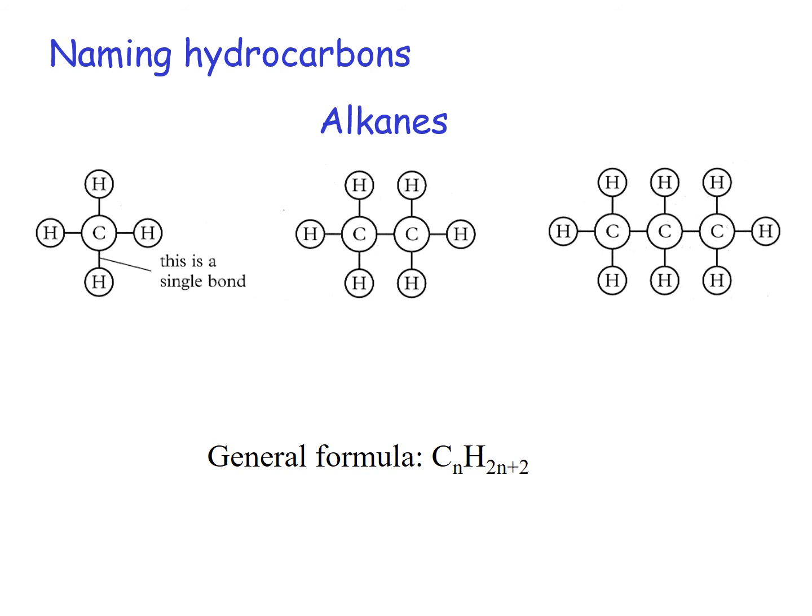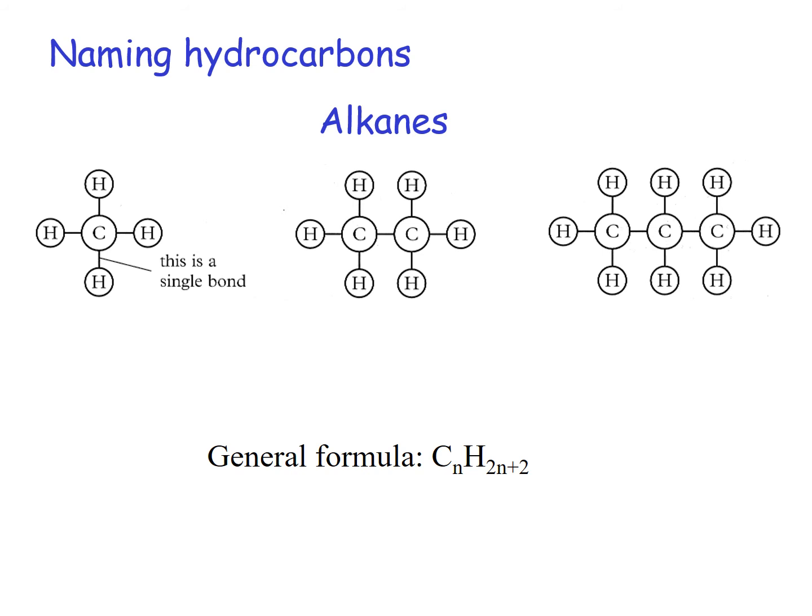If you add an extra carbon to it, there'll be a bond between the 2 carbons, and then each one will be joined to 3. So if you're ever asked to draw an alkane, please make sure that you have got 4 lines coming out of each of your carbons, because it wants to make 4 bonds.